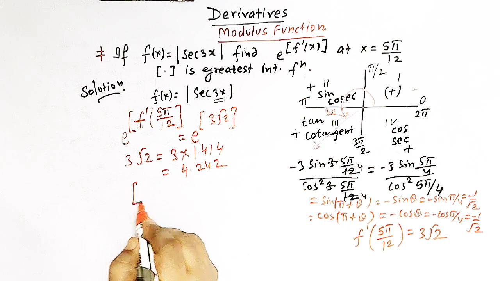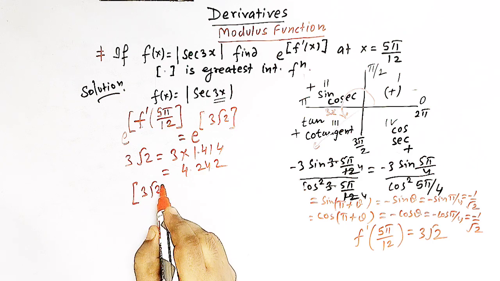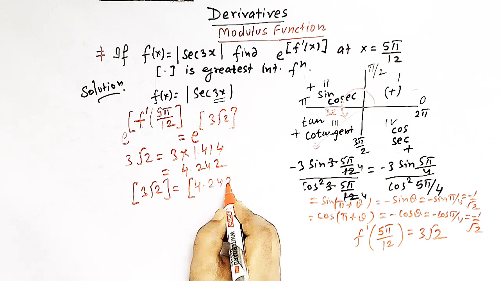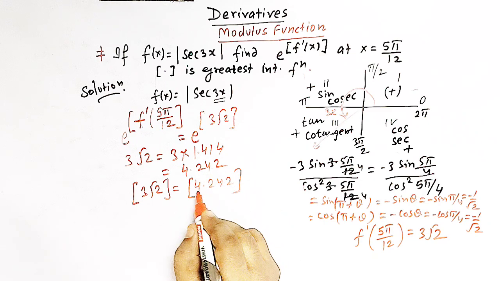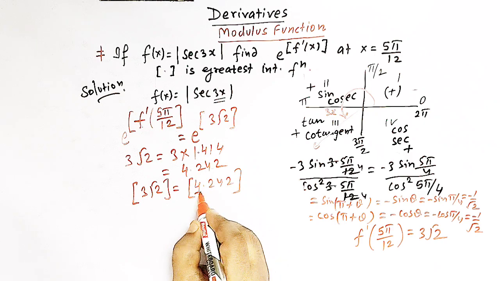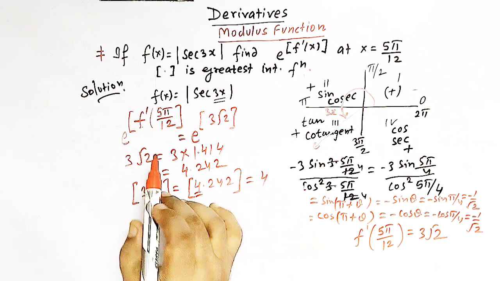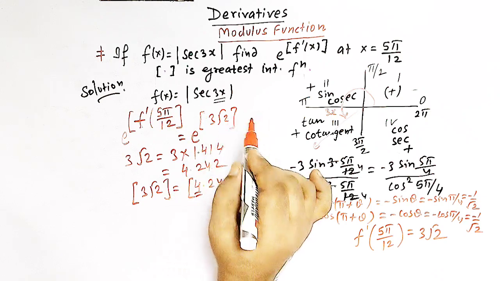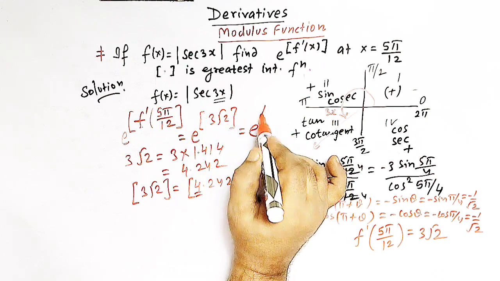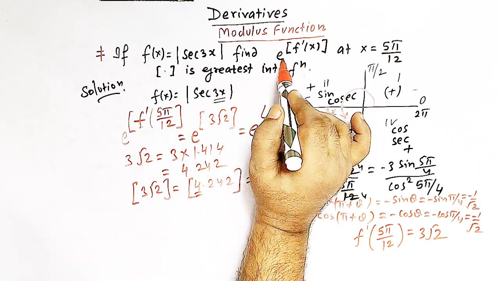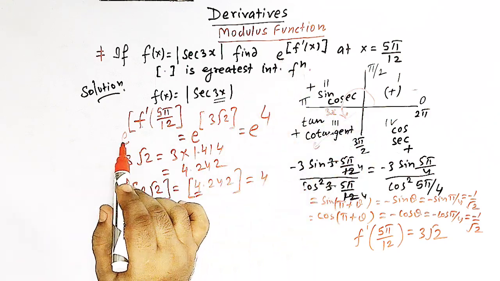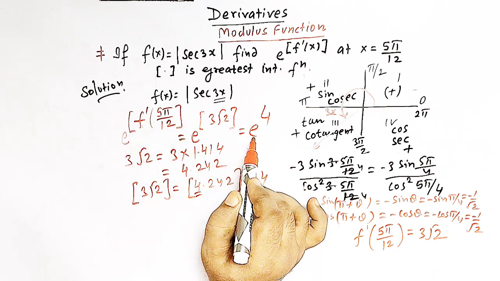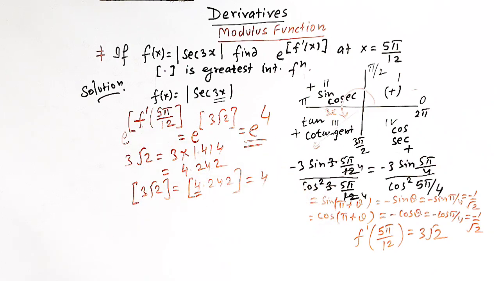And the greatest integer of 3 root 2 is the greatest integer of 4.242, and the greatest integer of 4.242 is 4, right? So the value of e raised to greatest integer of 3 root 2 is given by e raised to 4, right? So the value of this expression, that is e raised to greatest integer of f prime of 5 pi by 12, is equal to e raised to 4.